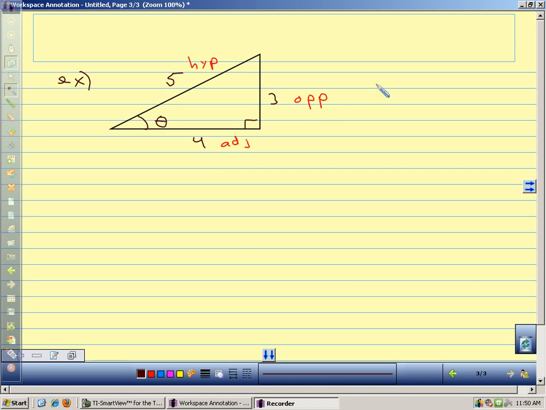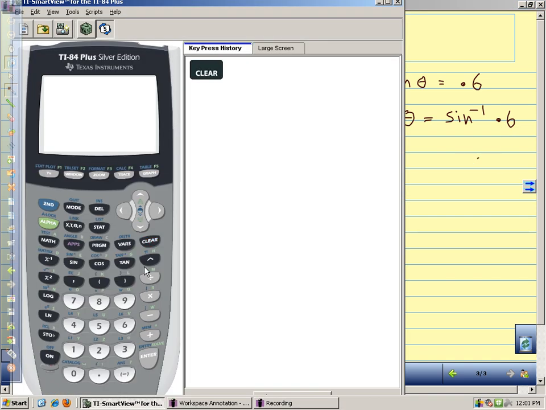We know that the sine of the angle from our first example was 0.6. If we know the sine of the angle, to find the angle, theta is the inverse sine of 0.6. And to find that, I'm going to go to my calculator.